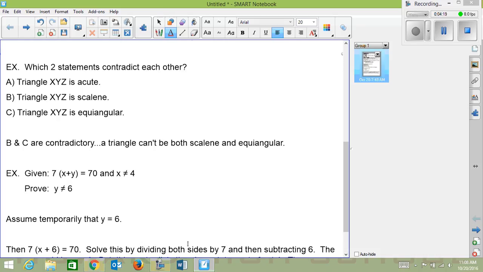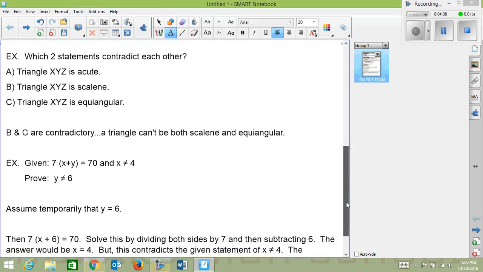I'm going to solve it like I normally would. I'm going to divide both sides by 7, because I can't do inside the parentheses first. So I would end up with x plus 6 equals 10, and then I'm going to subtract 6 from both sides. So x would be 4.